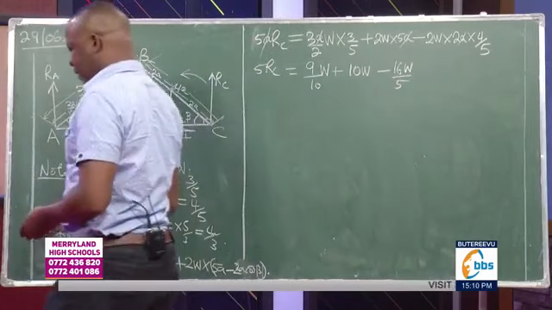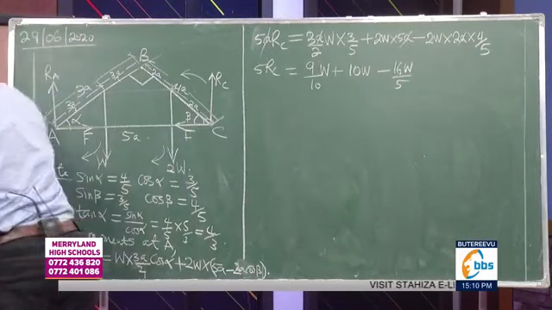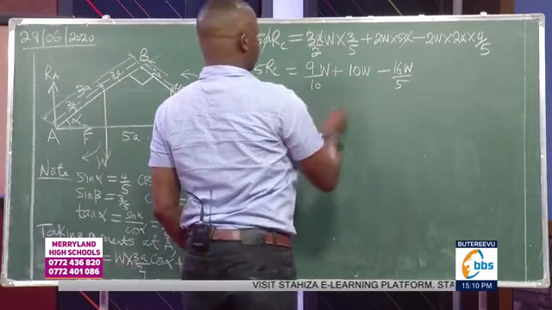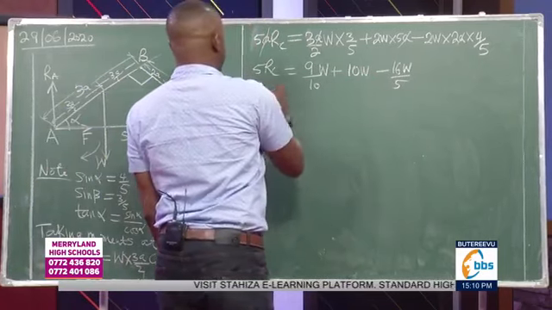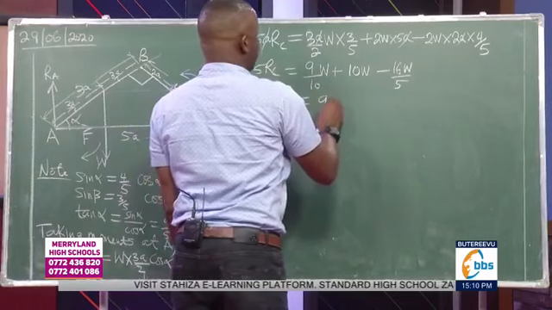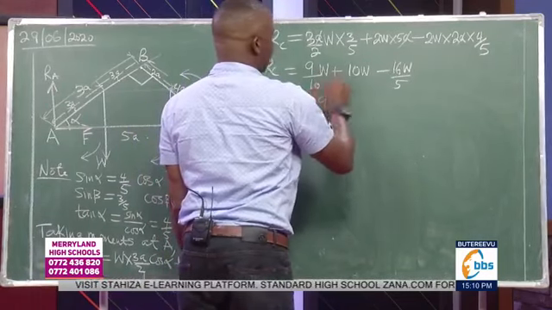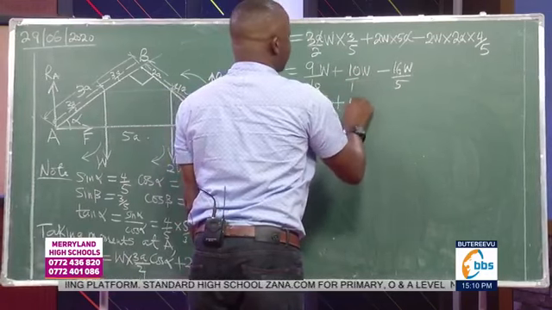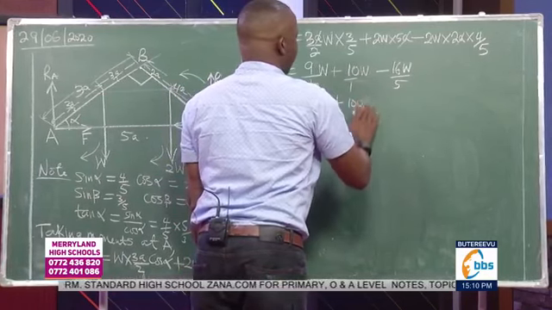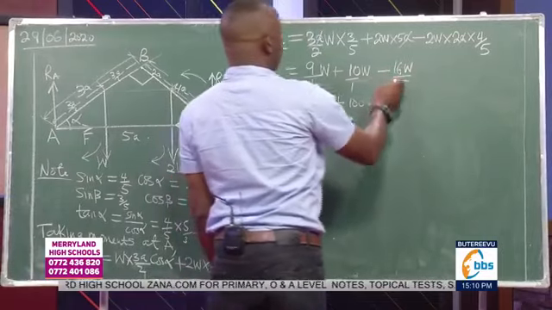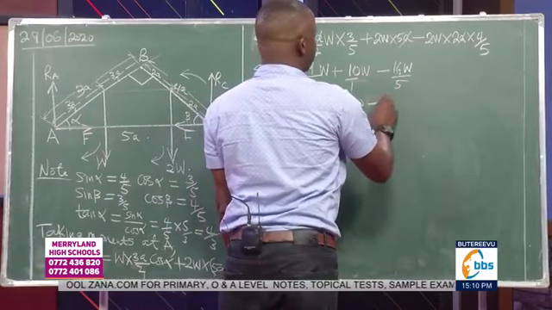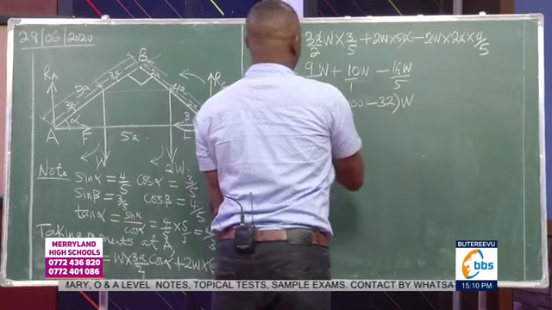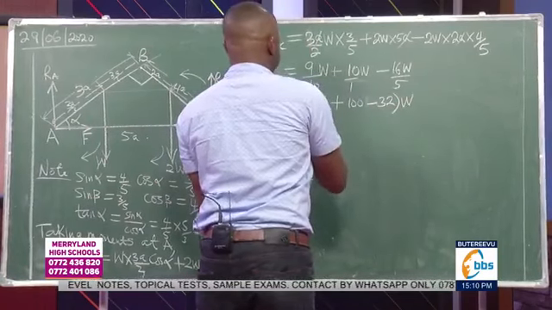When you compute that, let me put in by 10 throughout. My 5 RC will be equal to 9 plus 100 minus 32, all into W over 10.